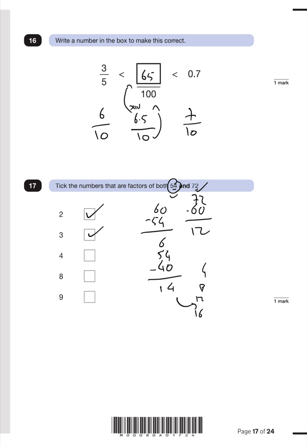So we do not have 14, so no. 8, I know that 8 times 7 is 56, which is just 2 above 54, so it wouldn't be 8. 9, 54 divided by 9 is 6, so that works. And 72 divided by 9 is 8, so that works.